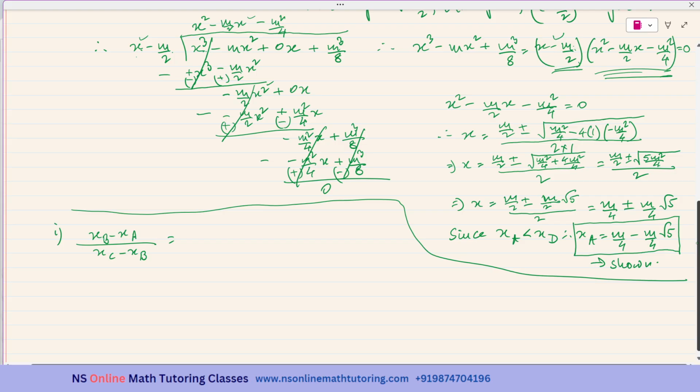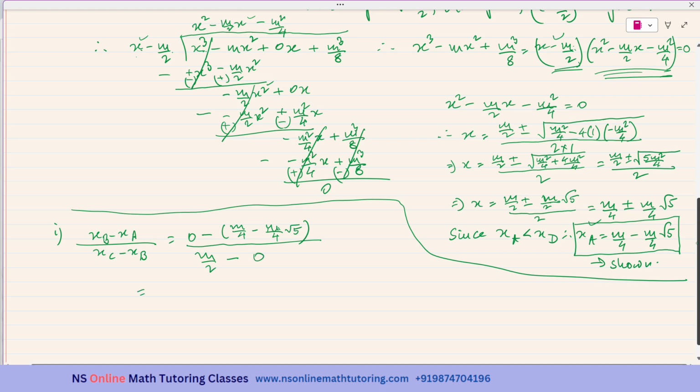Yeah. So xb was 0 and xa is this one. So minus, I'm copying from this, minus m over 4 minus m over 4 times root 5, over xc, which was m over 2, minus 0.